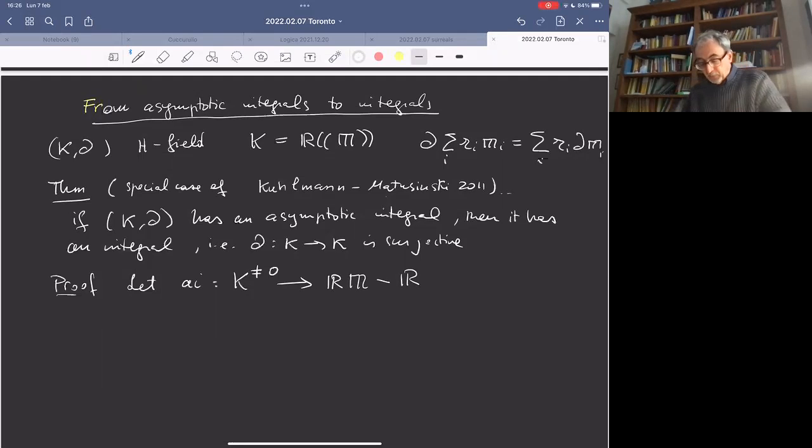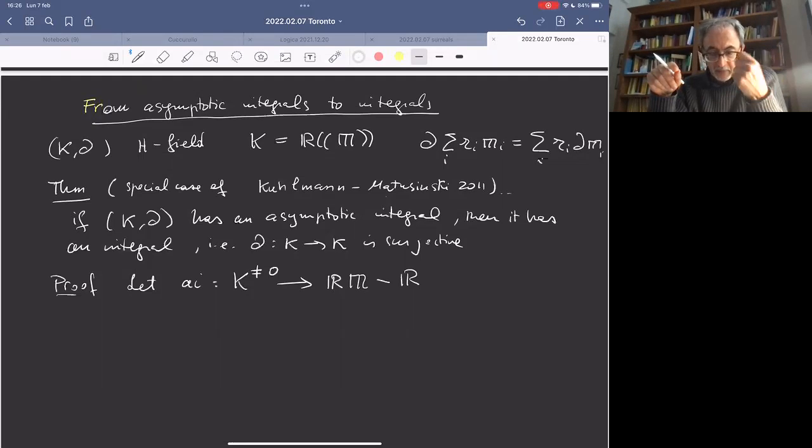and non-constant, because the asymptotic integral is defined up to asymptotic equivalence. Everything is asymptotic to a real number times a monomial.